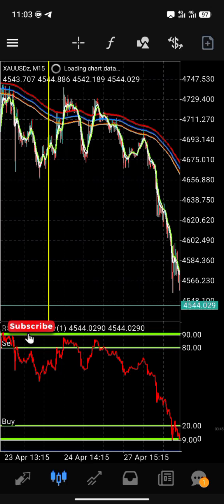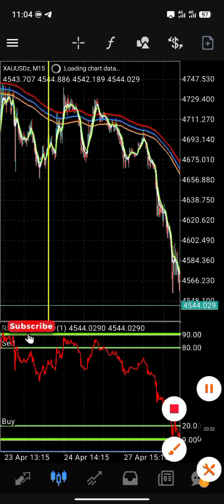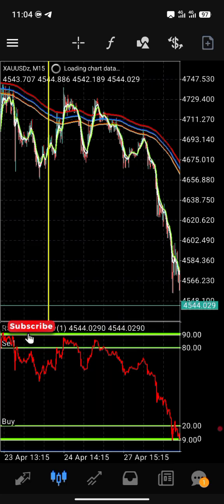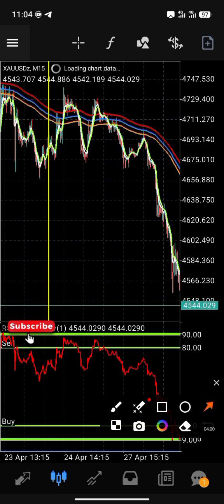We were waiting for that confirmation, and right at this zone we saw that price was here.